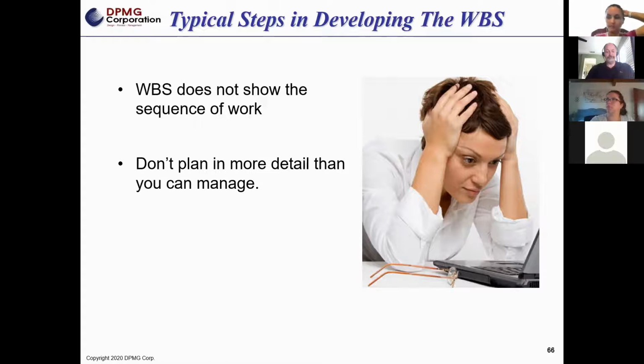Here's the other thing. Don't plan more detail than you can manage. Here's the thing you've got to remember. As the project team, you have to break down the work breakdown structure to a level that the project team can manage. Then you're going to assign responsibility at a level 2 or a level 3.